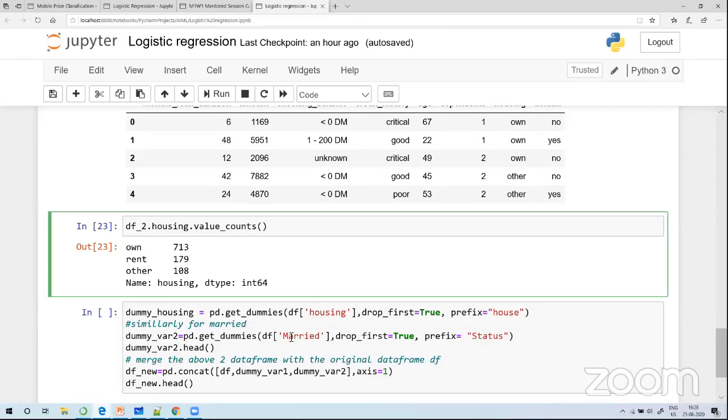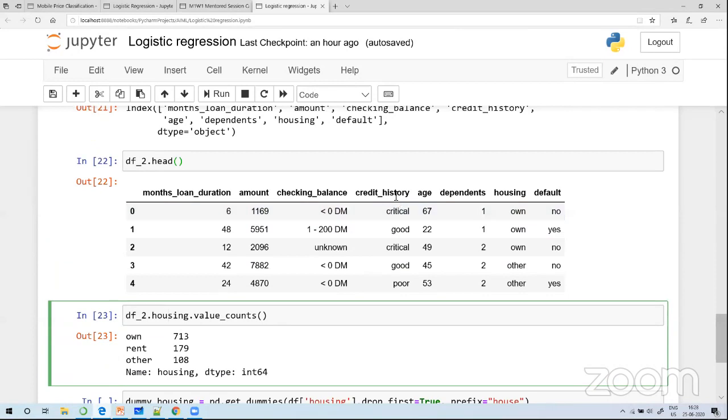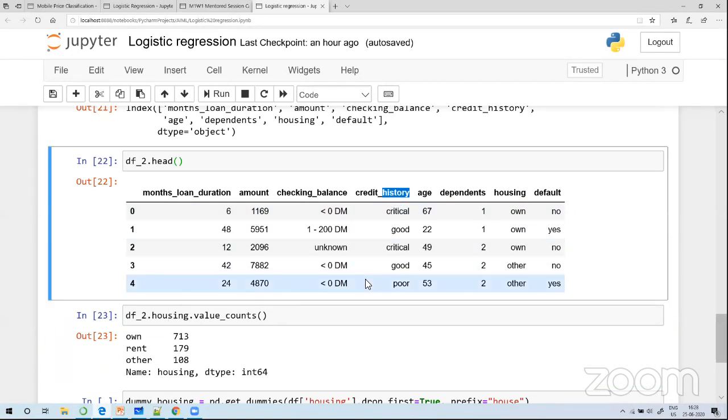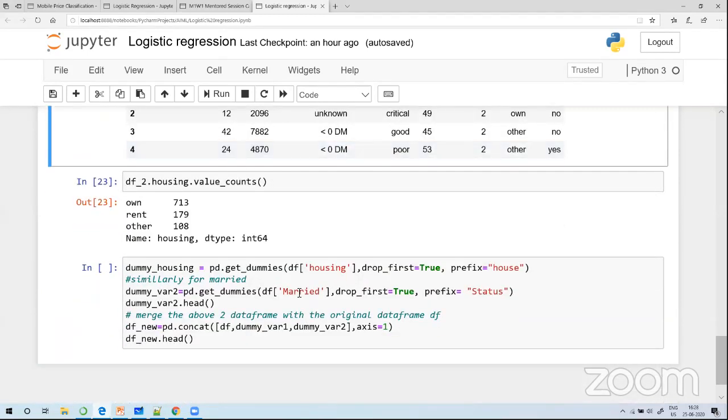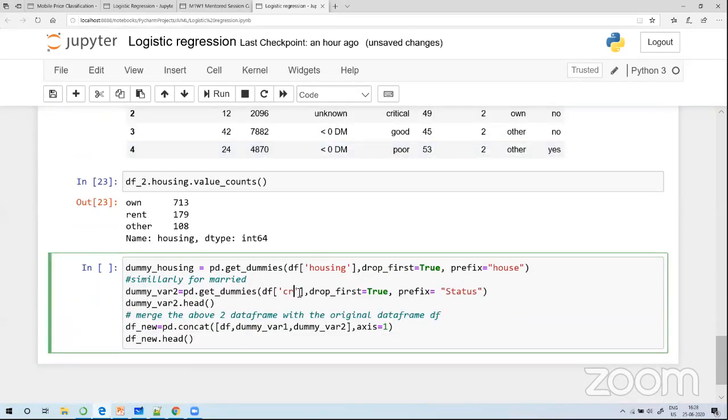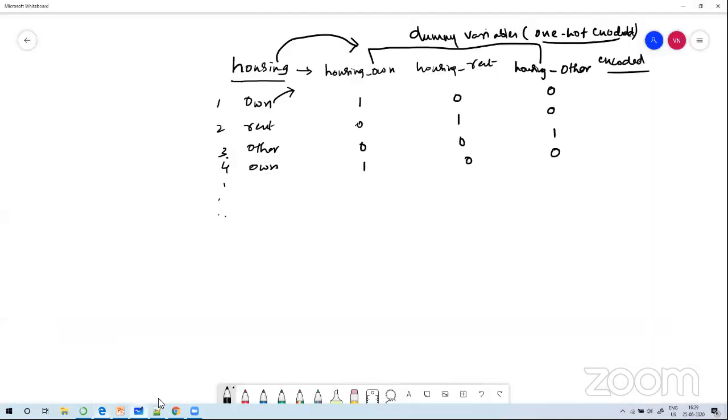There is one more variable, credit_history, which I am going to convert into a dummy variable. I'm going to give the suffix as history. So when we are creating the columns, we want the column names to have a suffix of that.